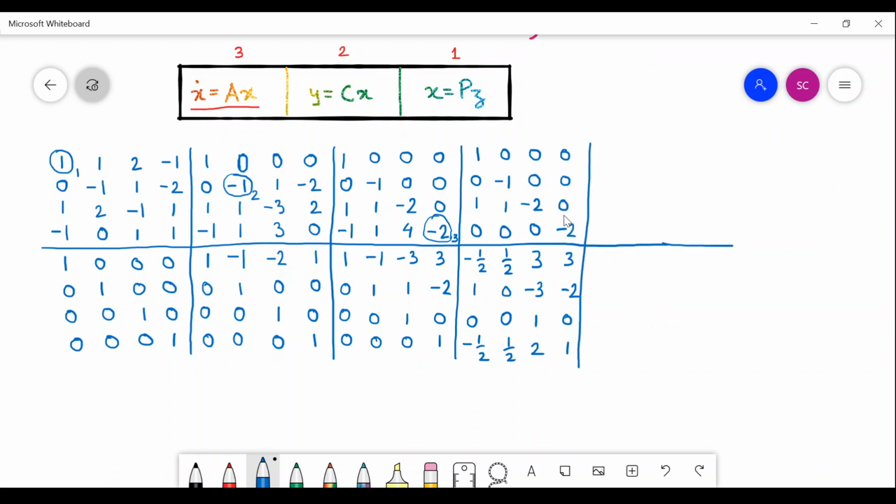We do one more round taking this as your fourth pivot element, and you may wish to stop here also, but just for the sake of completion, let us try to do this. So this would become 1 minus half, half.